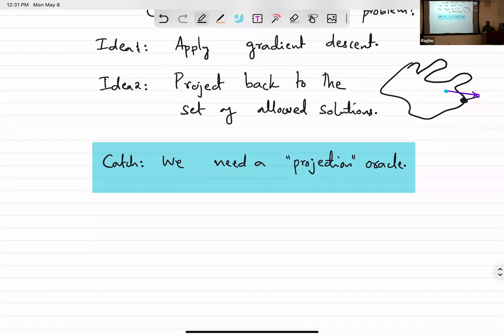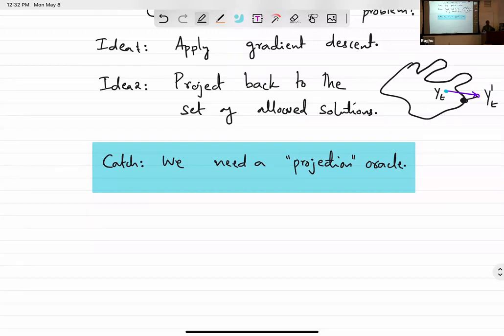So what do we need here, right? We need a projection oracle, meaning, let's say you are at some iteration, let me use y's. So you had an iteration yt, you take a gradient step, you get some y prime t. Okay. Now you had to project this y prime t back onto the low rank set, right? So how can I do that?